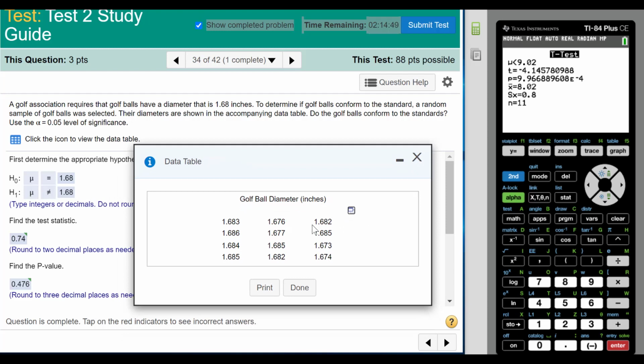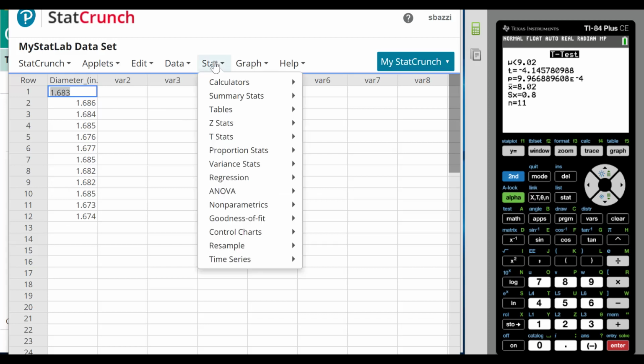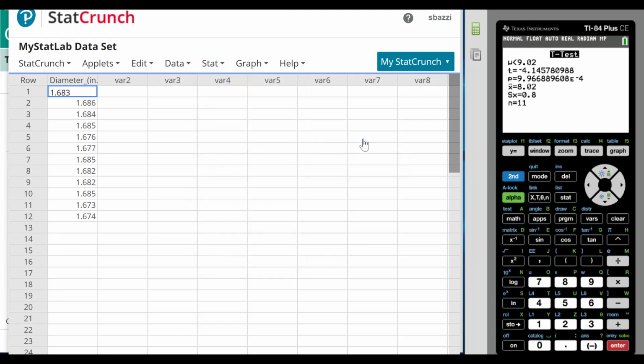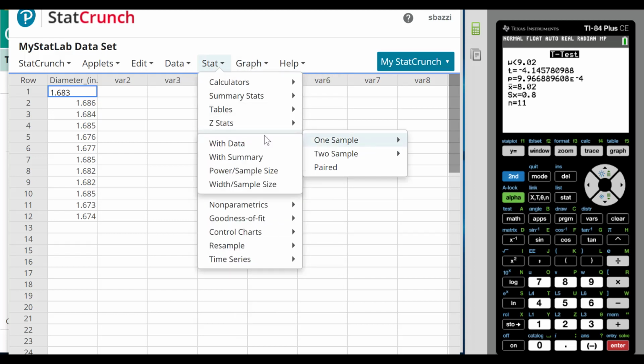You don't need to type in the data if you don't want to use the calculator. We're just going to click and it takes you to StatCrunch here. So I click on open in StatCrunch, and then we're going to go to stat, t-stat. It's a t-test, always one sample. Oops, sorry. T-stat, one sample with data.